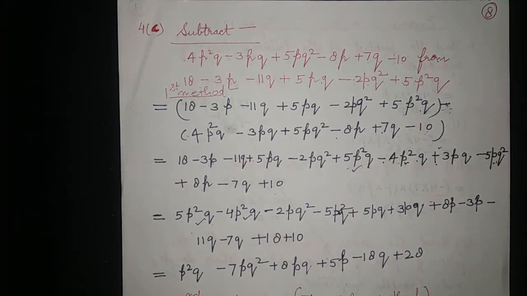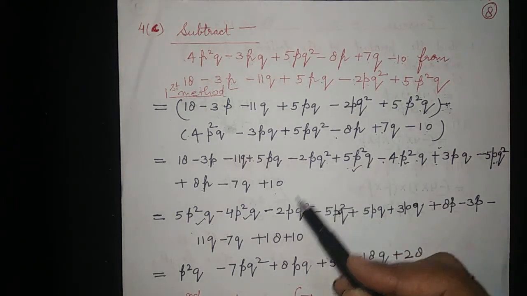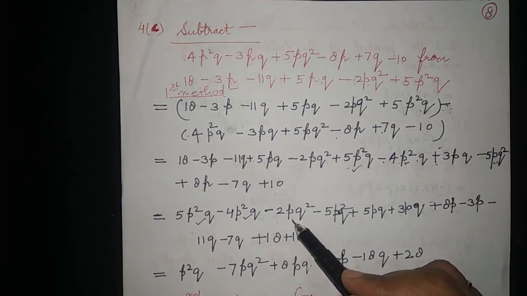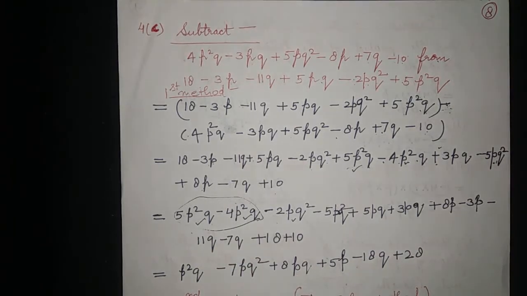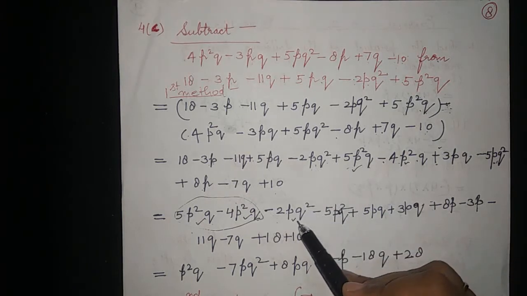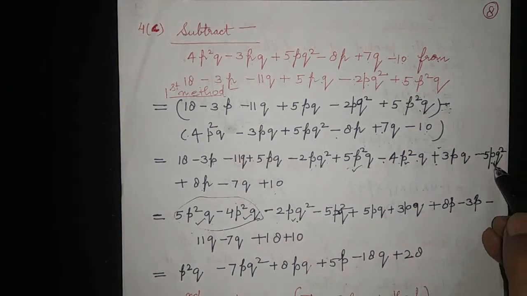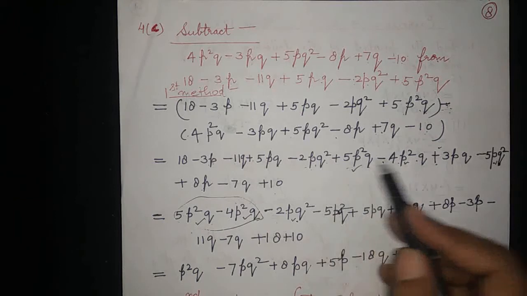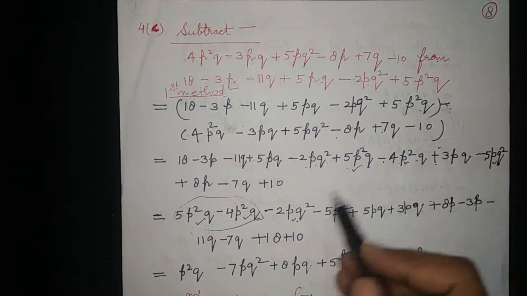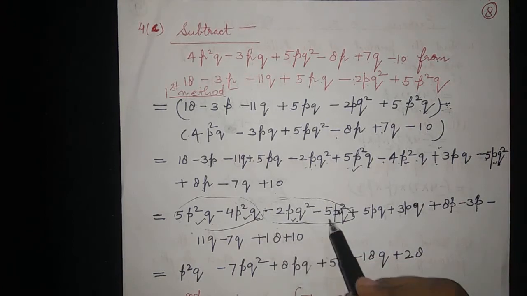Then minus 2pq square you have to write. These both are like terms, we have written together. Now minus 2pq square you have written. Now minus 5pq square you have to write, because they both are like. Minus 2pq square minus 5pq square you will write.